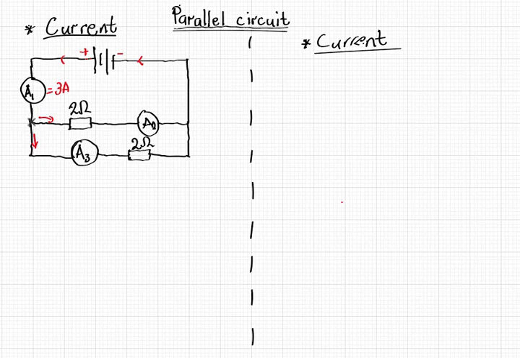When we get here, at the junction, there are 2 paths which can be followed, this one and this one. And what we know is the charge will choose the less resistive path.